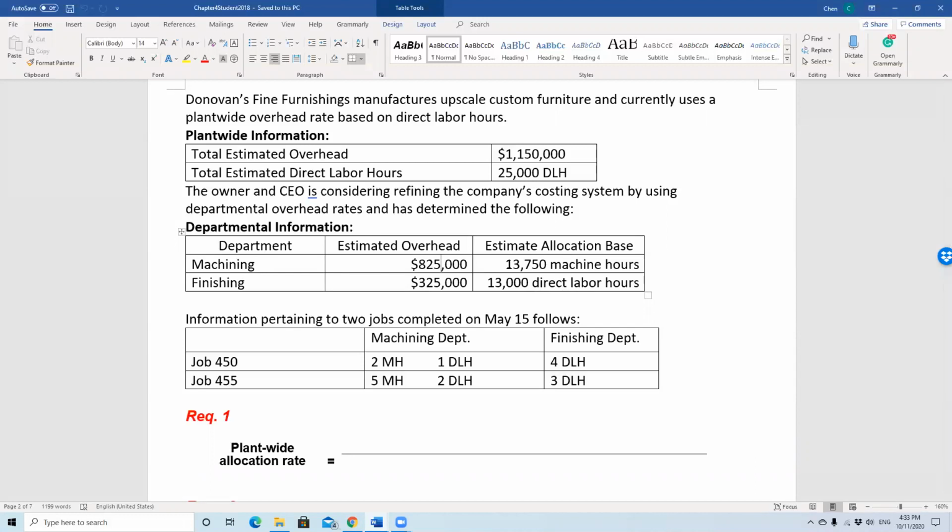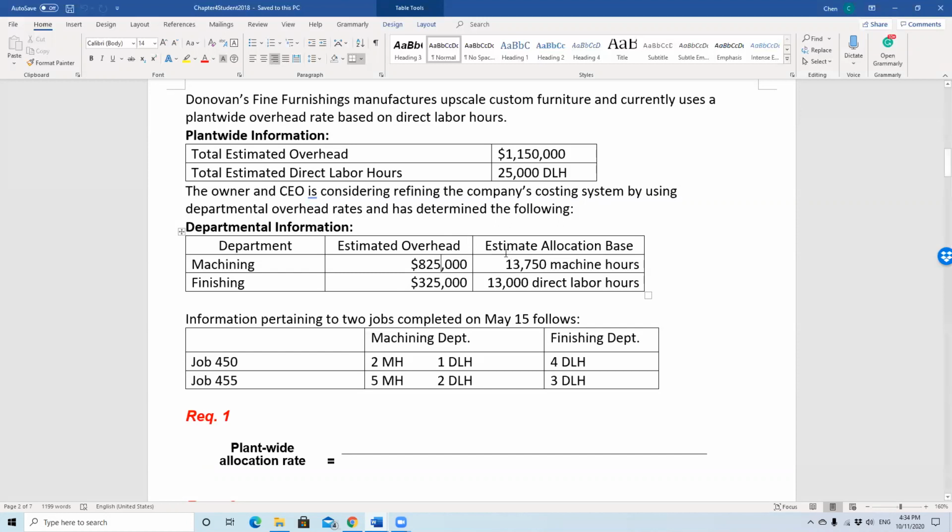So for the machining department, the allocation base is machine hours. But for the finishing department, the allocation base is direct labor hours, because we require more labor in the finishing department than in the machining department. These allocation bases align more with each activity and how the cost happens.